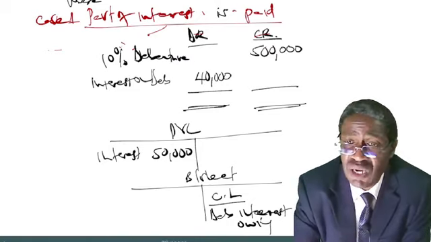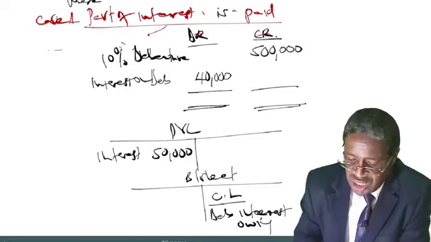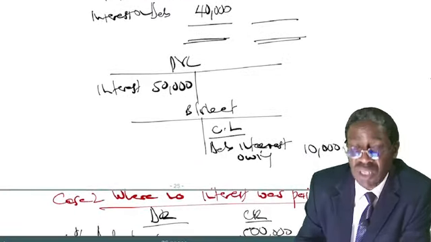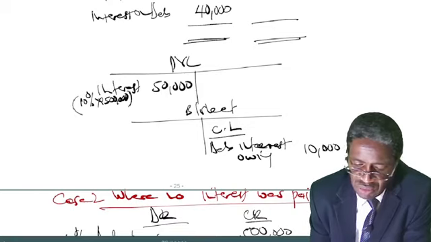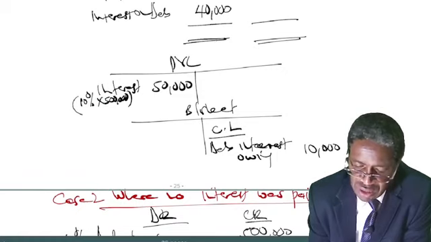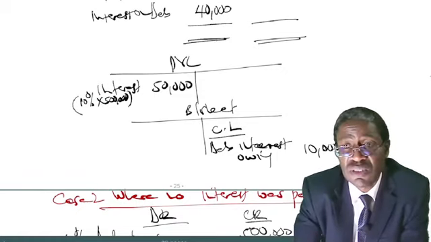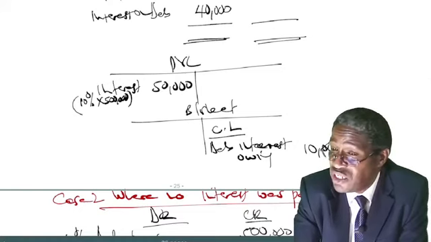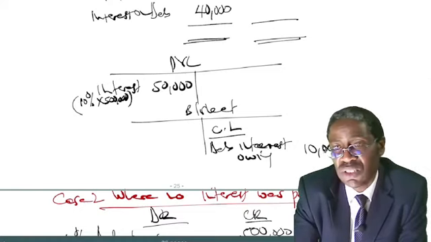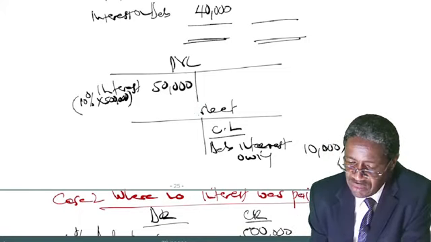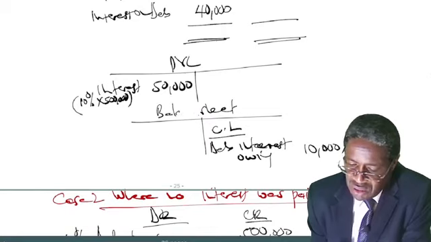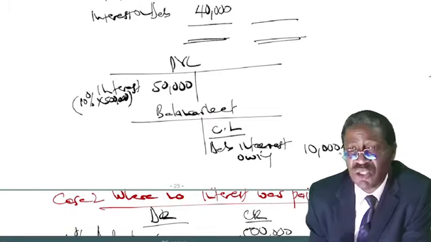Then below that, you come and say P&L. You come and charge that 50. Just to remind you how I'm getting that 50, it is 10% of 500,000. That is the charge, not what you have paid, the charge for the year. Then you come and show down there the balance sheet, or what you normally call the statement of financial position.